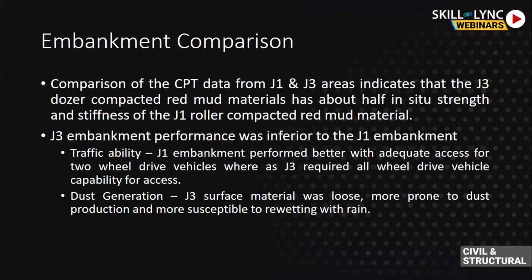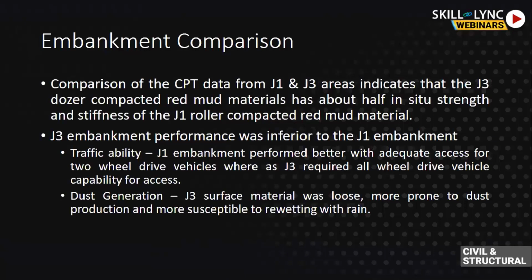So when you carry out this comparison of the CPT data from the J1 and J3 areas, the J3 dozer compacted red mud, as I told earlier, had half the in situ strength and stiffness of the J1 roller compacted red mud material, which was better.